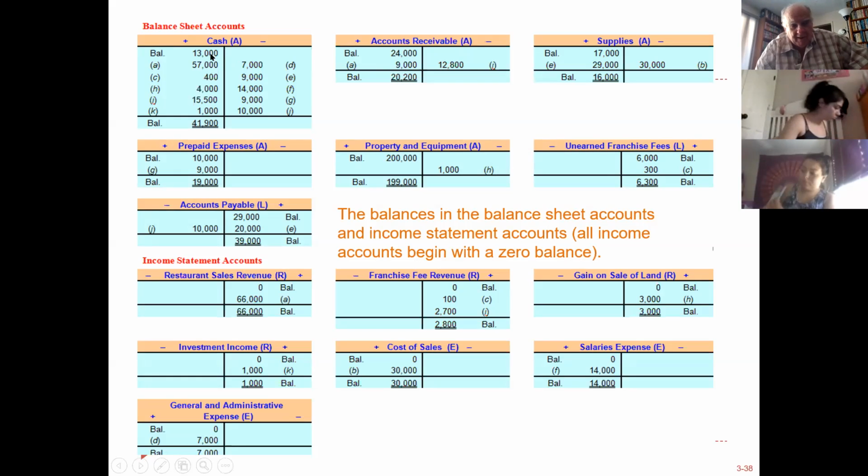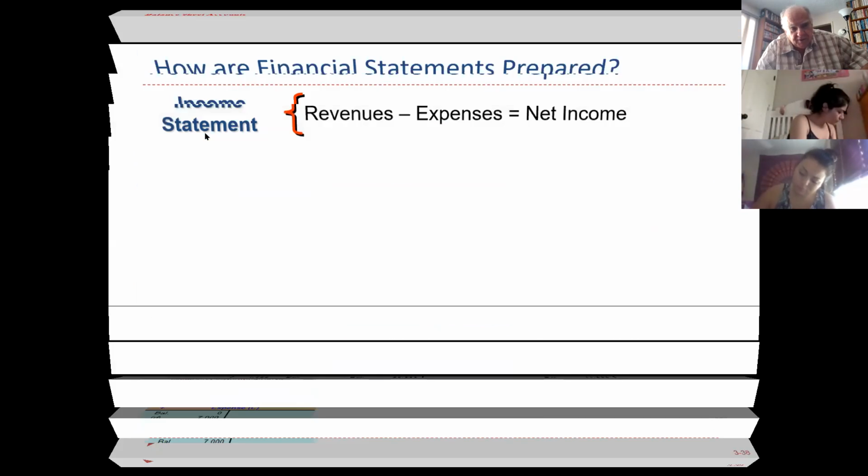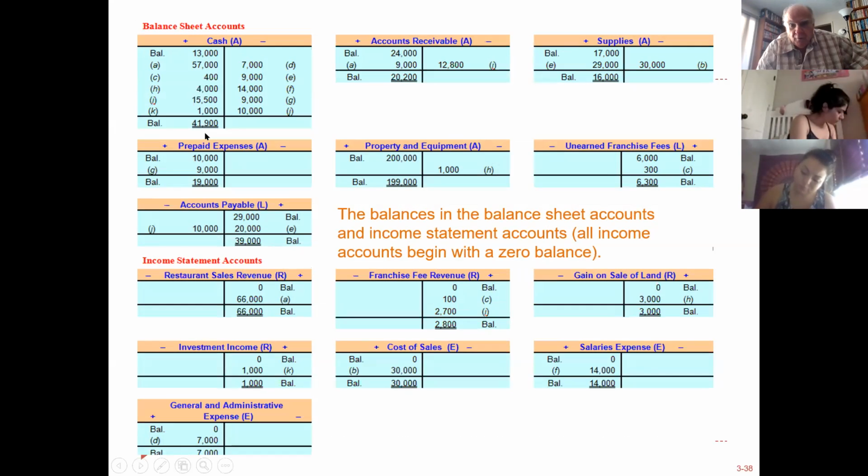You have a beginning balance of cash of 13,000, and then they received 50,000, then they spent 7. The ending balance of cash is how much? Can you read that number? $41,900, right? How did we get that number?